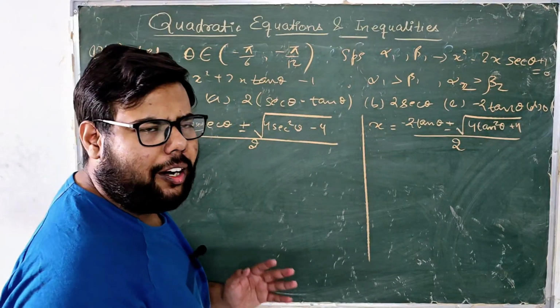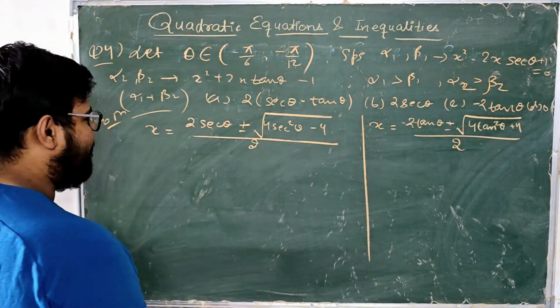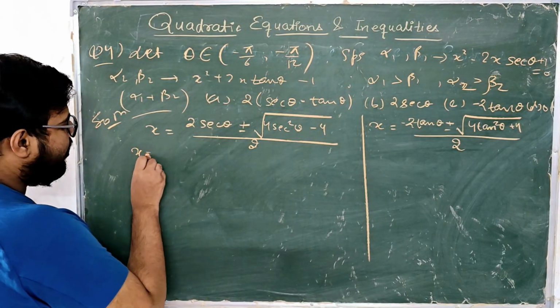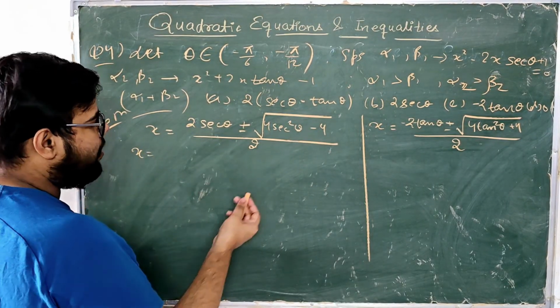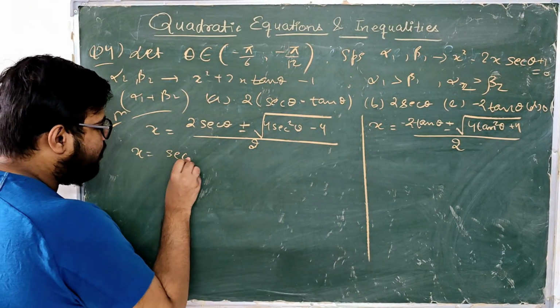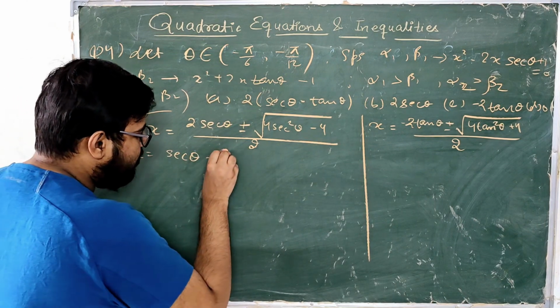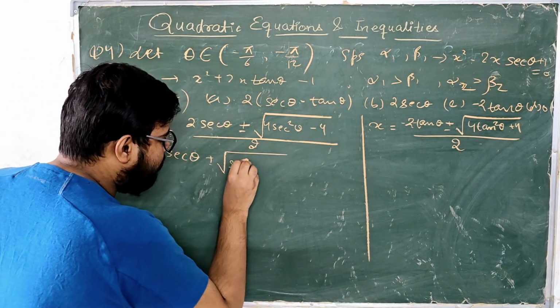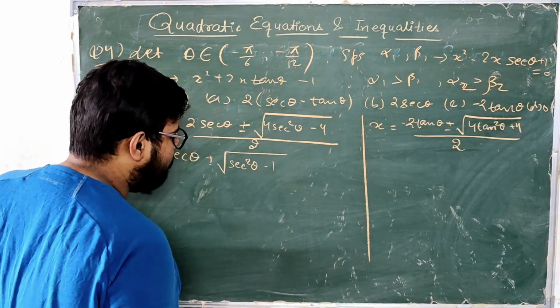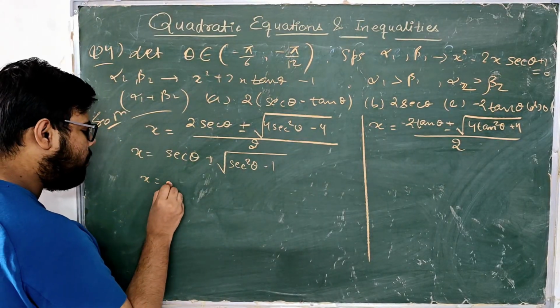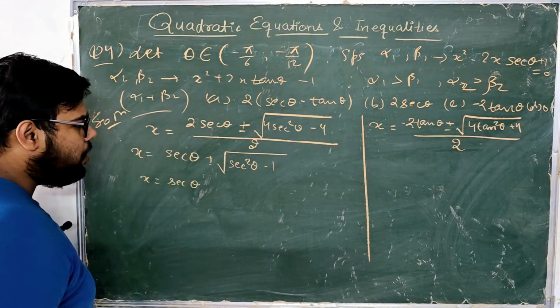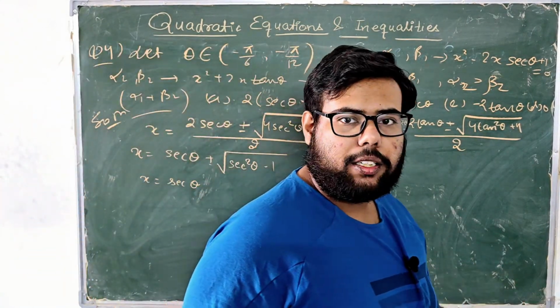Correct? So now let's solve for x in this equation. So x is equal to, of course, 2 will get cancelled. So you'll have sec theta plus minus square root sec square theta minus 1. What is sec square theta minus 1?